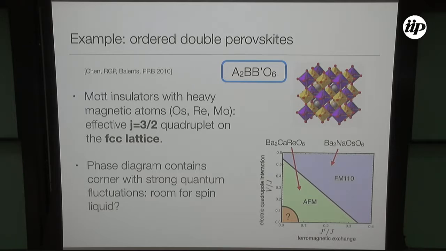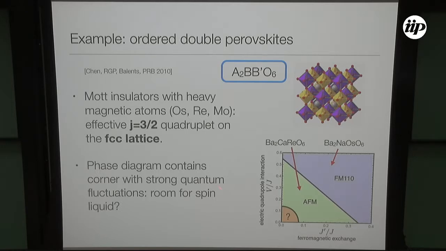At the time, we tried to work out the spin model for these materials and see what kind of phases we could get, and try to fit some of the materials in this family into this simple mean field phase diagram. And we got some interesting ordered phases, like a ferromagnetic phase ordered along the 110 direction of the FCC lattice. There was an antiferromagnet whose primary order parameter was an octupolar moment of the J equals 3/2 states.